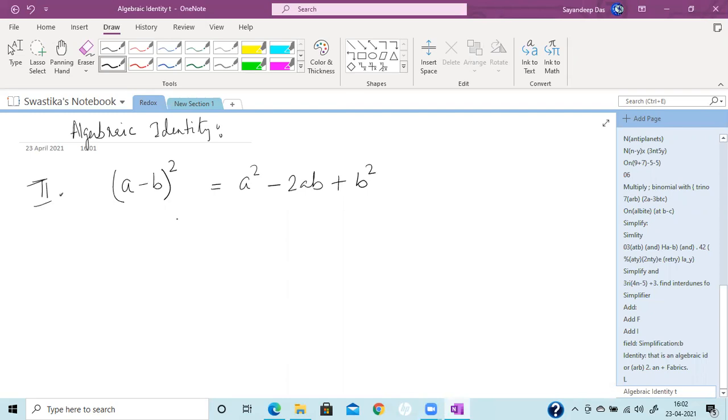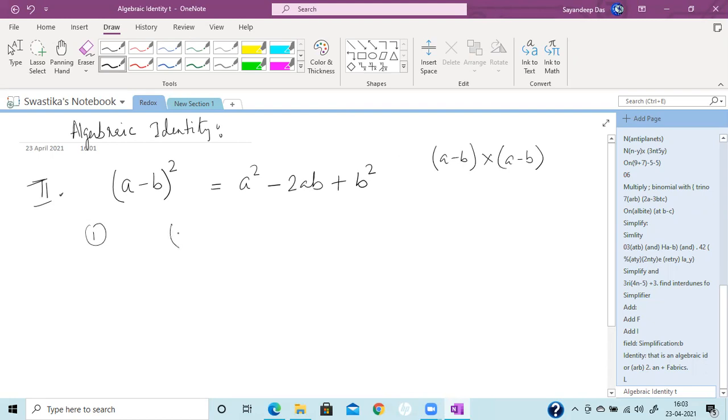You can also prove that left hand side is equal to right hand side by multiplying this a minus b whole square. If you expand it like a minus b into a minus b, you will get a square minus twice ab plus b square. Now let us solve some problems on this.